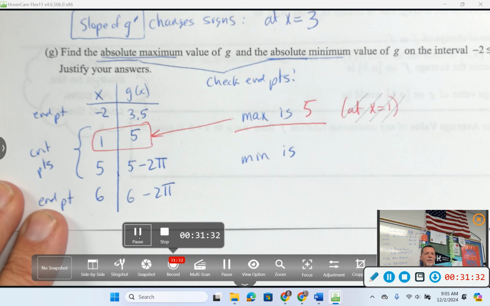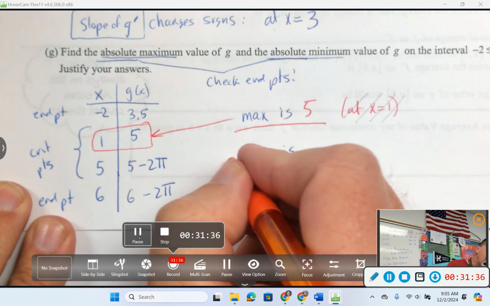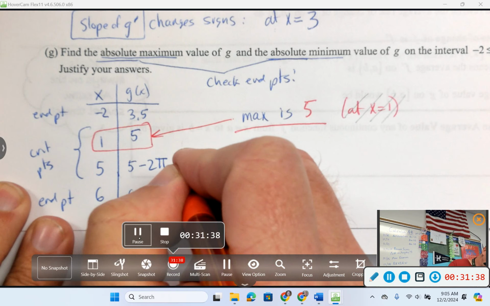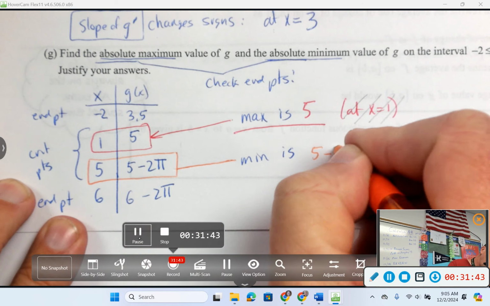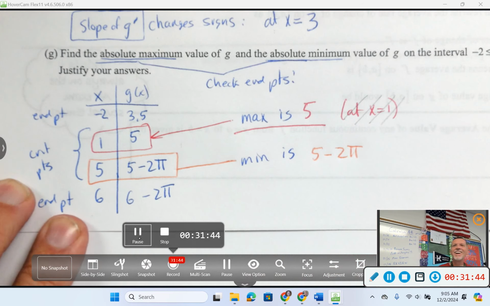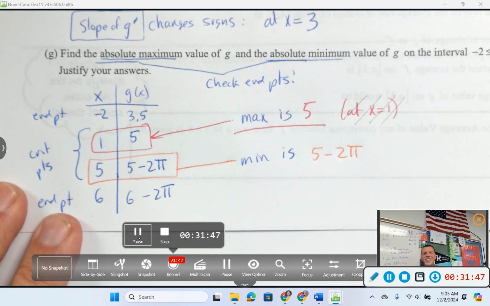So 5 minus 6 versus 6 minus 6, which is smaller? Ben, I heard you say 6 minus 2 pi. But the answer is 5 minus 2 pi. It happens at x equals 5, but that's not the question.